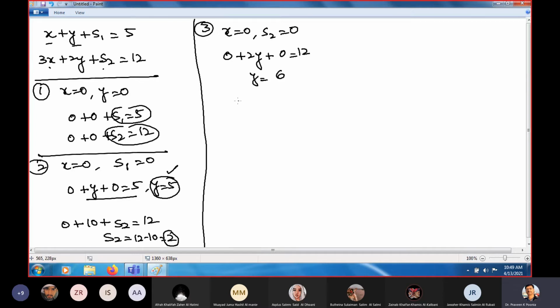Divide by 2, 6. Now put these values in equation 1. X0, y6, S1 is equal to 5. So S1 is equal to 5 minus 6, that is minus 1. So the value of y is 6, S1 is minus 1.